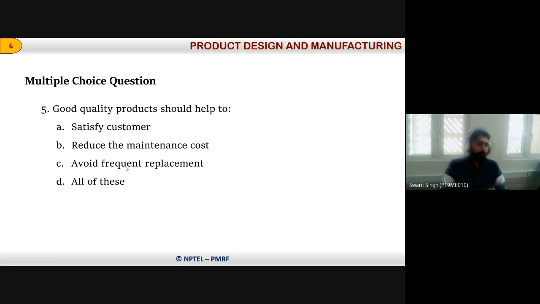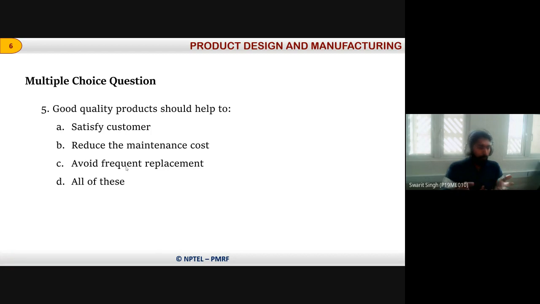Whenever we go to the market and purchase any product, what are the things that we require? First of all, it is our satisfaction after using that particular product. Our need must get fulfilled, and we feel satisfaction after using it.